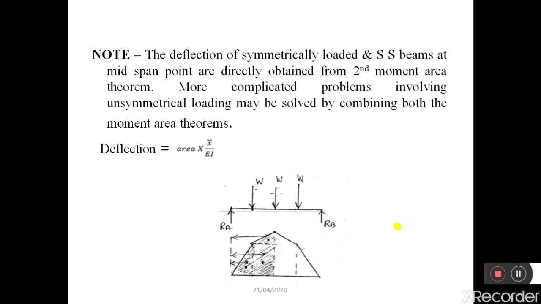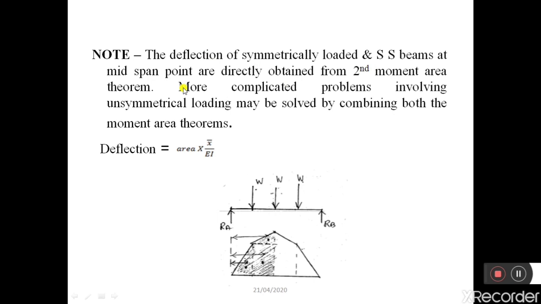Suppose it is difficult to remember the formulas, then how to derive the formula to calculate the deflection? As I told you in the beginning of this session, the deflections of symmetrically loaded and simply supported beams at midspan are directly obtained from the second moment area theorem.